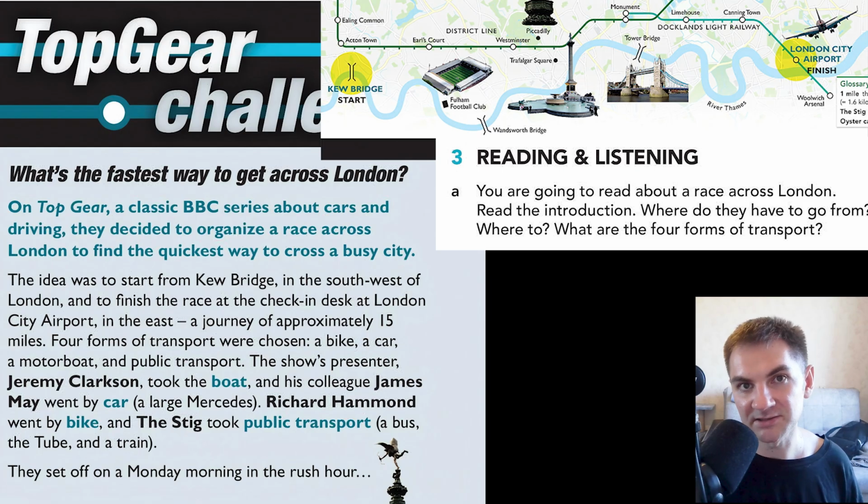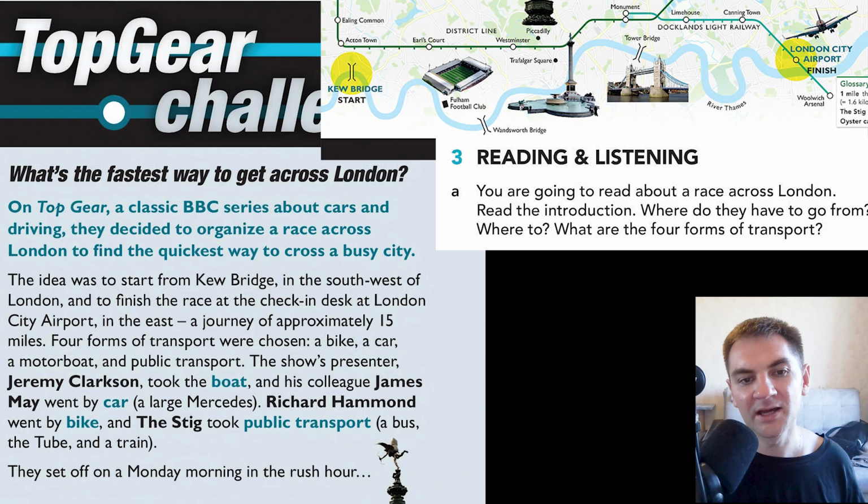Top Gear Challenge. What's the fastest way to get across London? On Top Gear, a classic BBC series about cars and driving, they decided to organize a race across London to find the quickest way to cross a busy city. The idea was to start from Kew Bridge in the southwest of London and to finish the race at the check-in desk at London City Airport in the east.